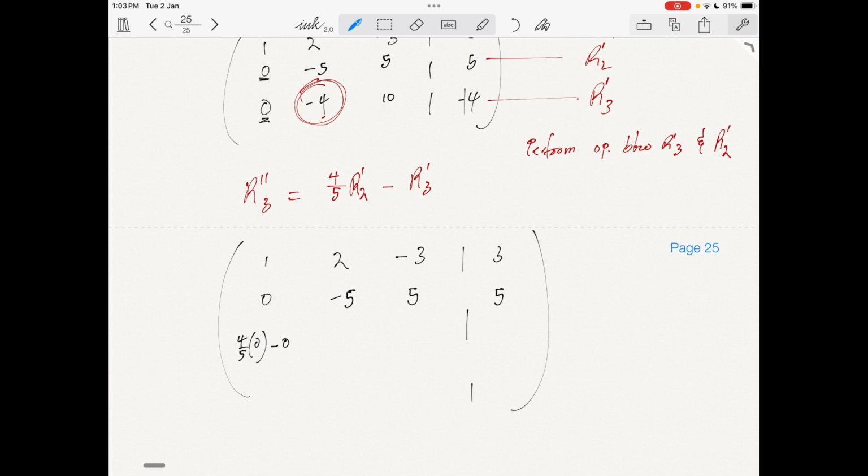And the next thing to do is 4 over 5 row 2 prime, minus 5, minus 4. And then 4 over 5 row 2 prime, 5, minus 10. Finally, 4 over 5 row 2 prime, 5, minus 14.